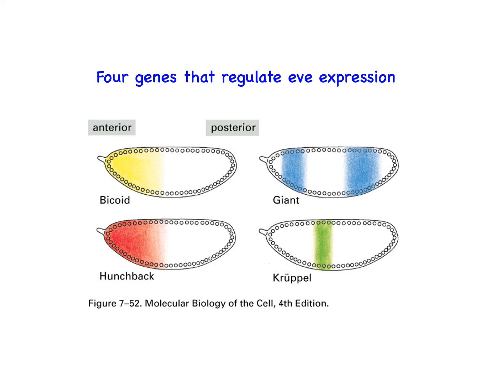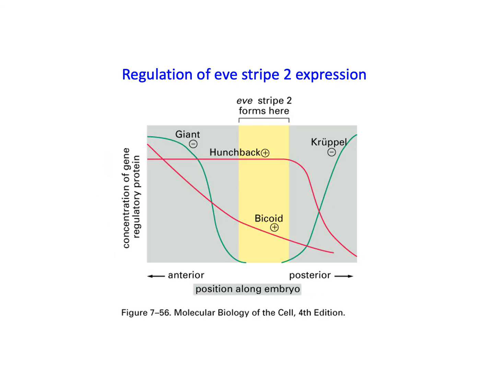And so if we look in the next figure at the expression of these four genes along the anterior-posterior axis of the embryo, showing particularly Eve STRIPE2, what we see is that in the region of the STRIPE2, hunchback and bicoid are both expressed.